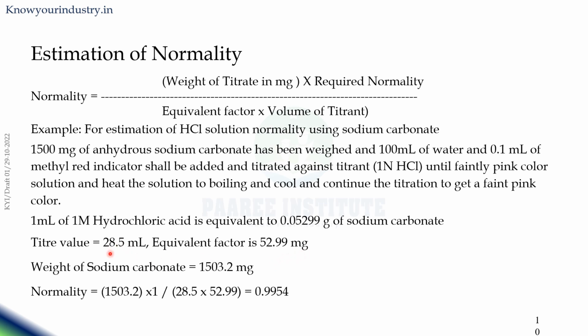The volume of hydrochloric acid used is 28.5 ml, and the weight you used is approximately 1500 mg. Using these values, you calculate the normality, which comes to 0.9954. This is the accurate normality of your hydrochloric acid solution. So this is how you estimate normality in titration methods.